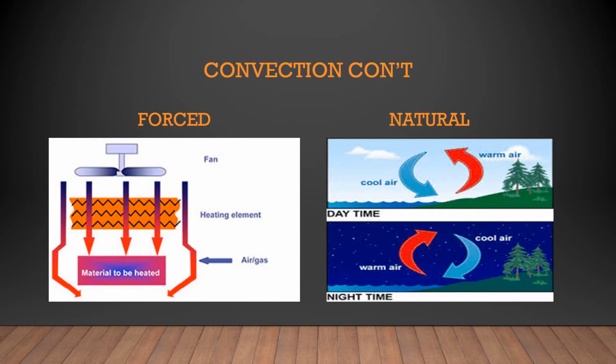Here we have two different types of convection. There's forced convection and natural convection. The forced convection would be, in this picture, a fan blowing over a heating element, which could be a heating coil of some sort, onto whatever material needs to be heated.